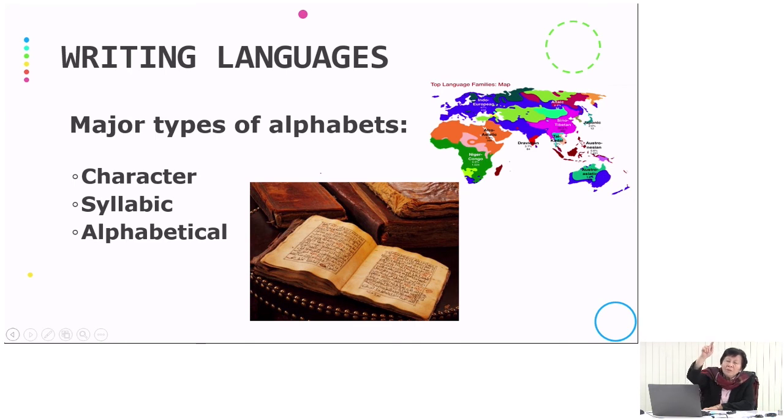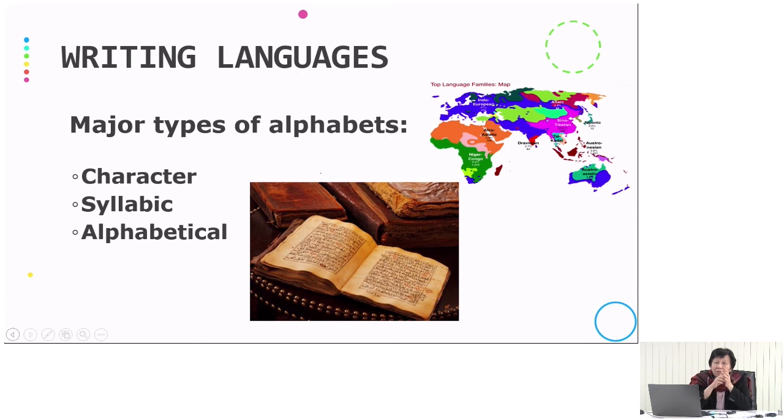For example, if you draw something like this, it means person, right? If you draw something like this, it means something else, you see. So each character means something. So we say character alphabets.